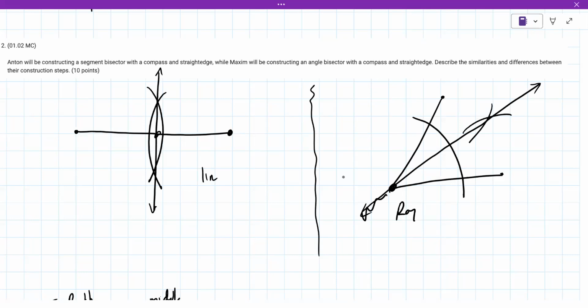But when bisecting an angle, you would draw a ray from the vertex through a point.